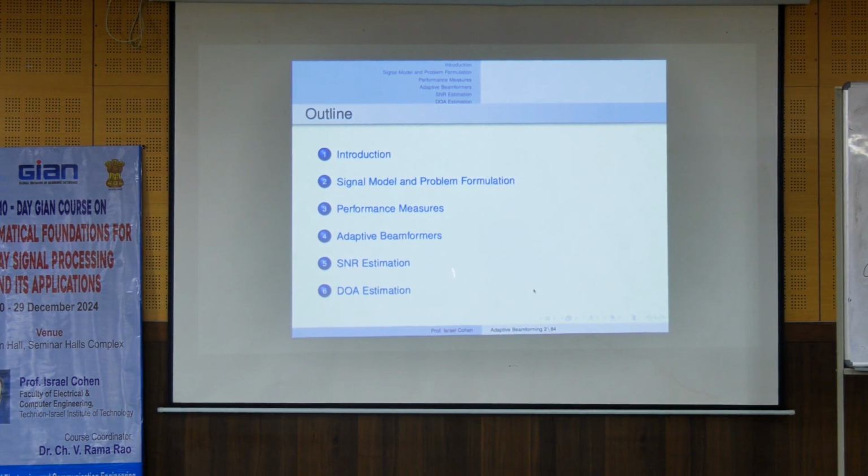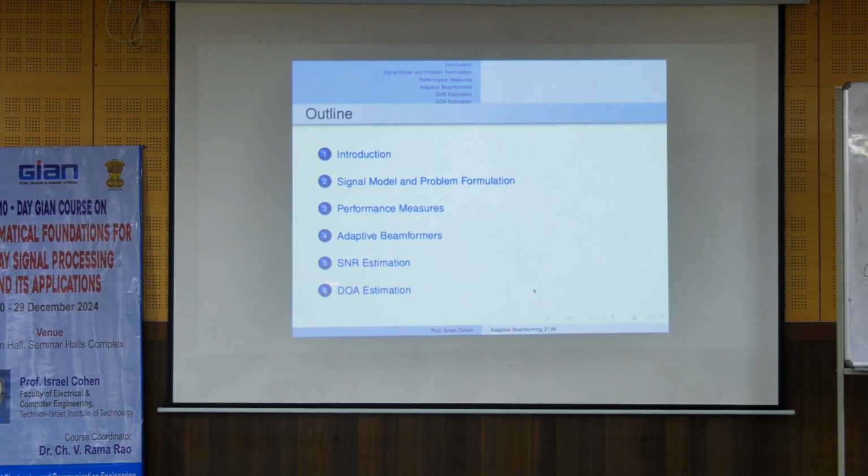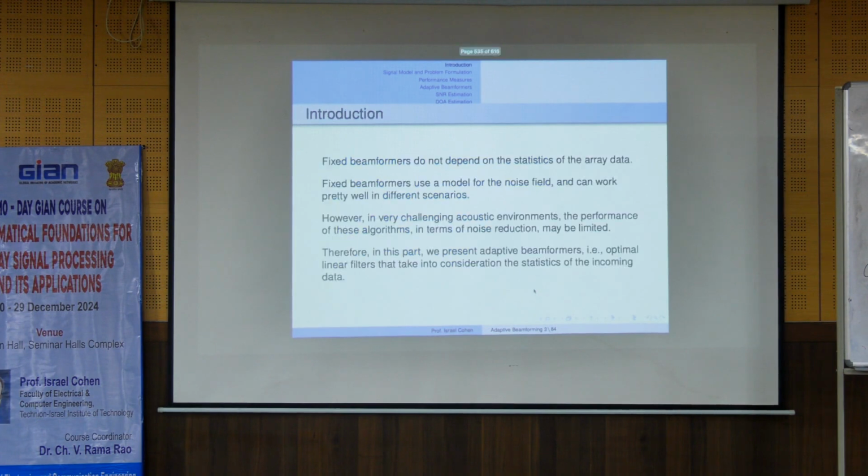And this part you can read yourself. We're not going to cover it here. It's just examples about estimation of the SNR and direction of arrival estimation. These are topics by themselves, so it's out of the scope of this course. And if you like, you can read the slides. It's not too complicated, but I don't want to go further into these topics. So we're going to cover this part, okay?